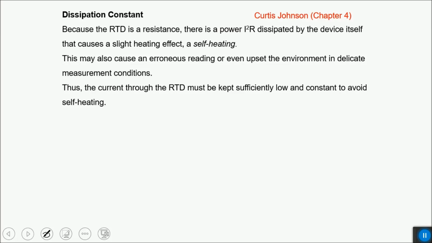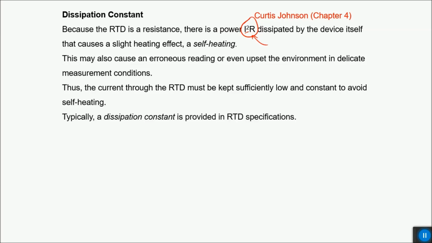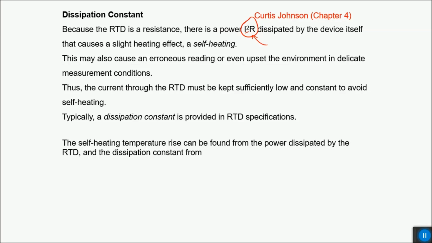So the first thing that comes to mind is to keep this power dissipation as low as possible. This I has to be kept as small as possible to avoid or reduce self-heating. And typically, in case of RTD based sensors, a dissipation constant is provided in the data sheets or the specifications.